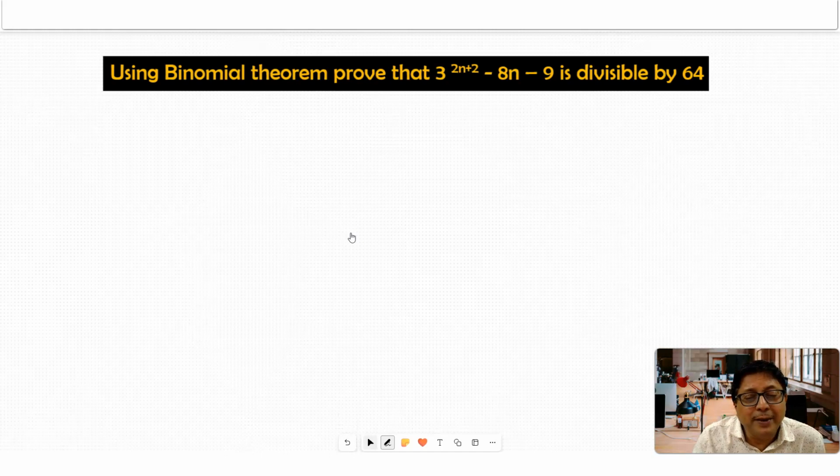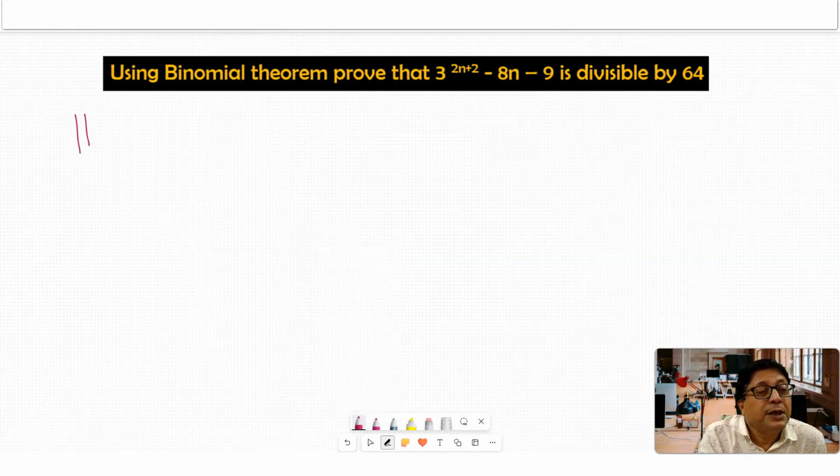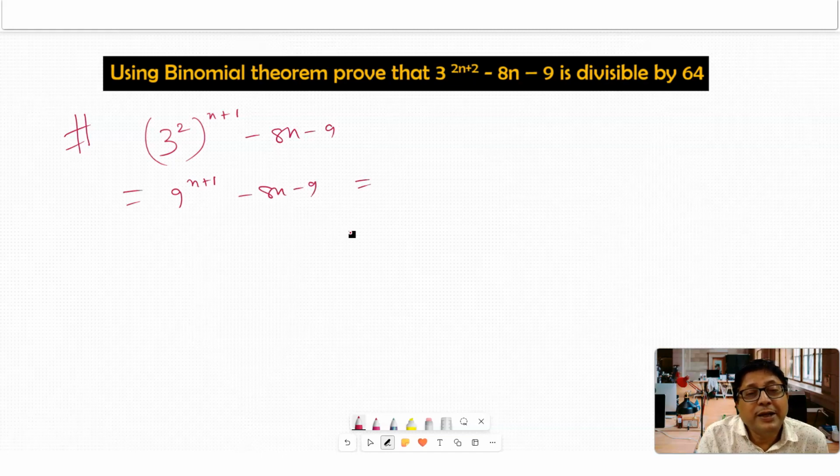See the way I am answering here, taking this expression 3 to the power 2n plus 2, I can write it as 3 square to the power n plus 1. So this is 9 to the power n plus 1. 9 to the power n plus 1 means (1 + 8) to the power n plus 1.